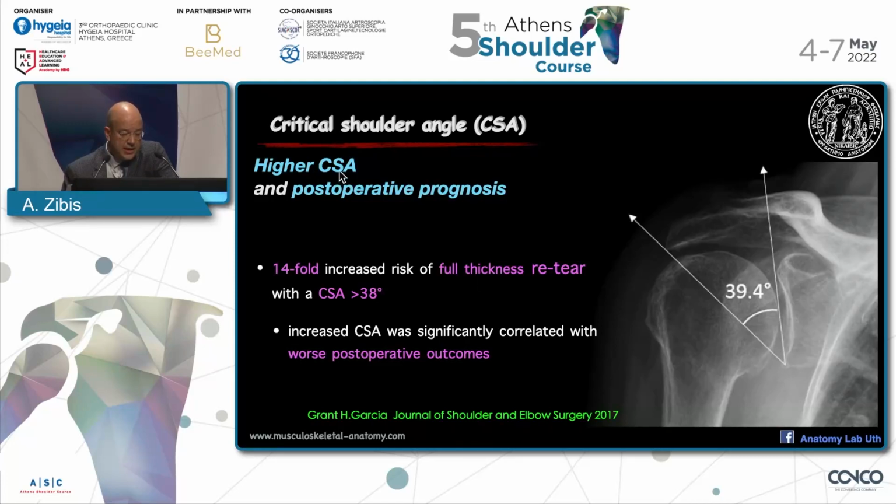So a higher critical shoulder angle is also important for postoperative prognosis. If we have a very high critical shoulder angle, like above 38 degrees, then we will have a 40-fold increase in the risk of full thickness retear after surgery. So this is a worse prognosis for rotator cuff repair.